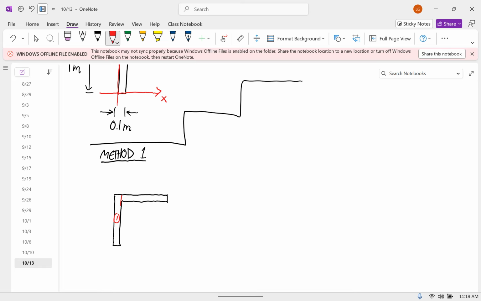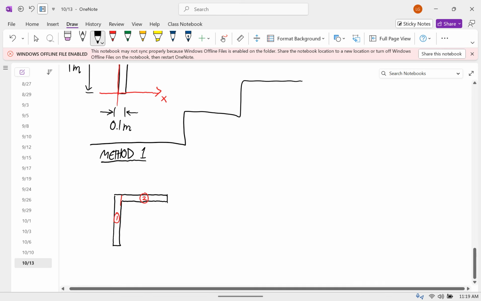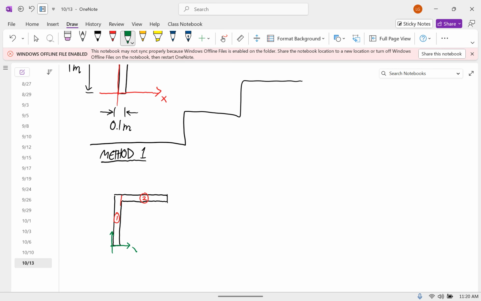So this will be my rectangle 1, this will be my rectangle 2. And the coordinate system is this. Okay, since we can break this up into rectangles, it's easy to find the centroid of the individual rectangles. That's just the middle along both of the 2 dimensions.